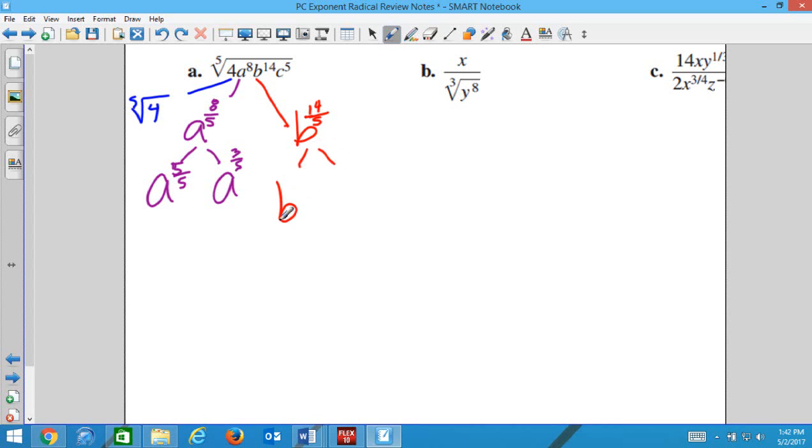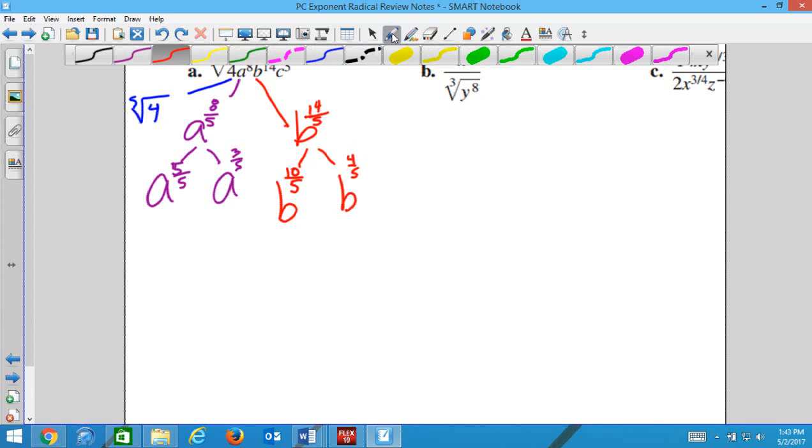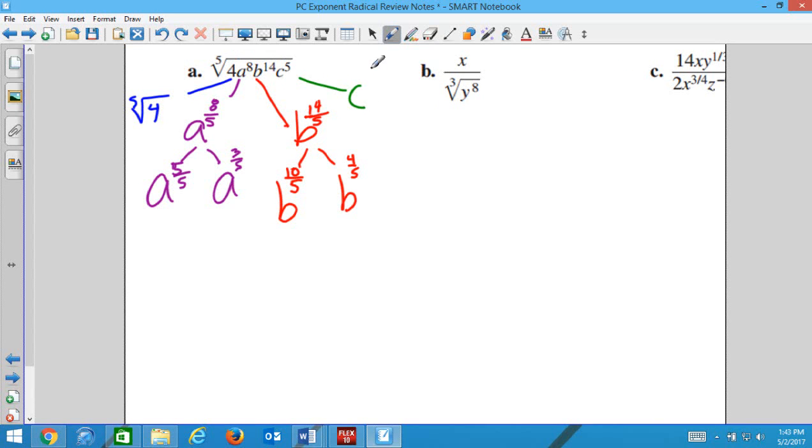So we're going to have like 10 of those b's. B squared is going to come out. And then what's left over? 4/5 left over. And then the last one is c to the 5/5, and that's just going to simplify to 1c.